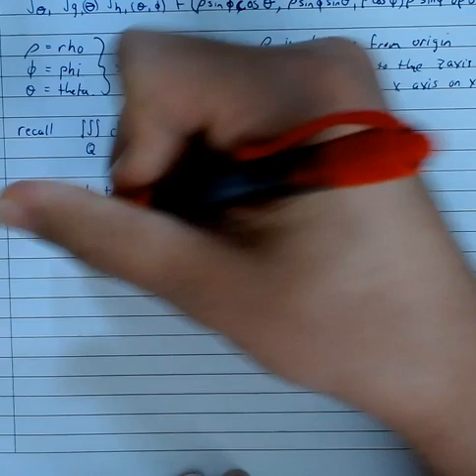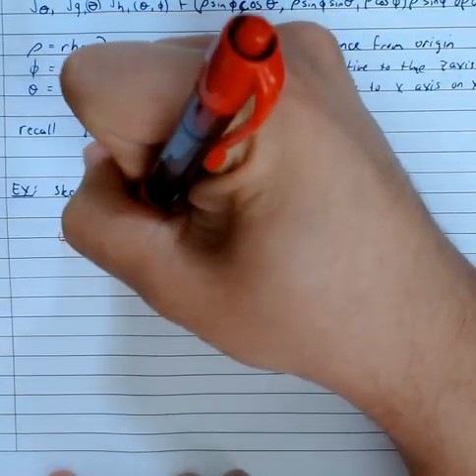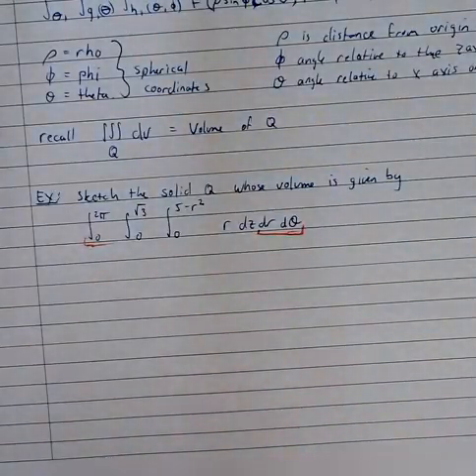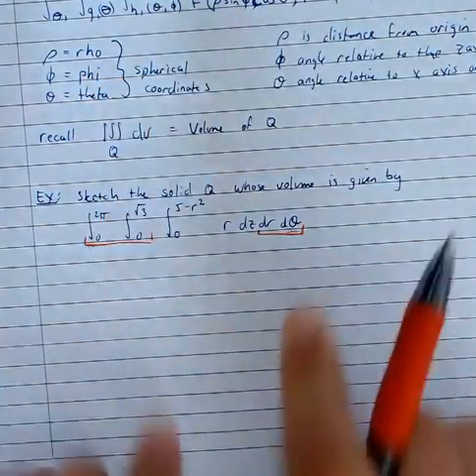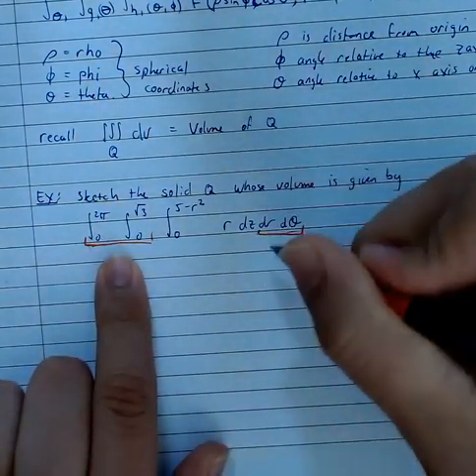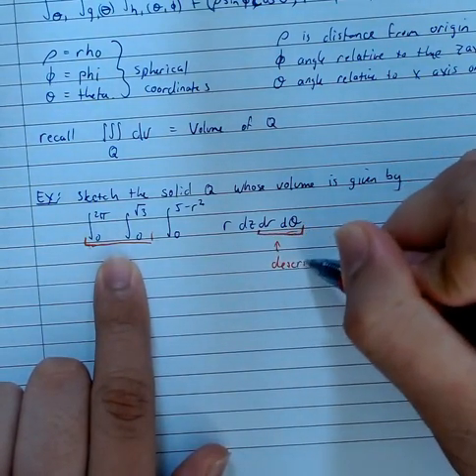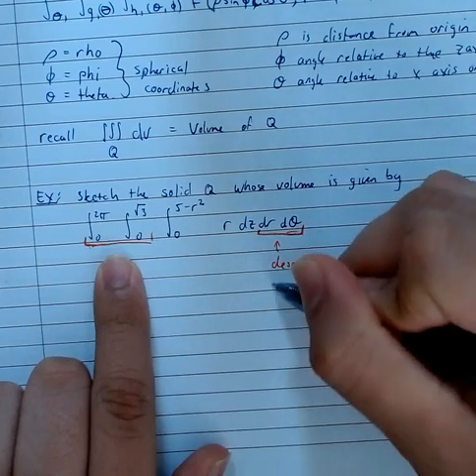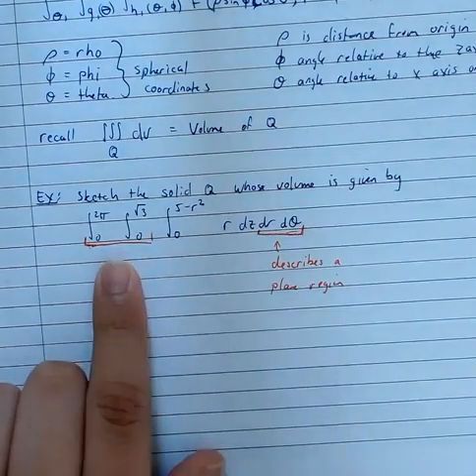So here, if you look at just this part right here, that's going to be an object on the plane. All right, so here this describes a plane region, meaning just 2 dimensions.